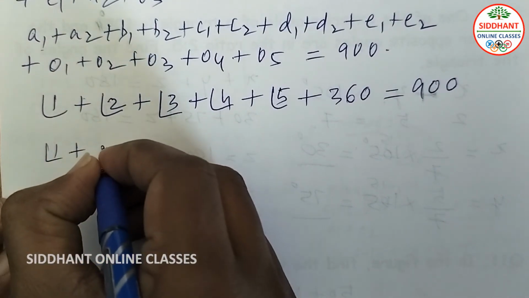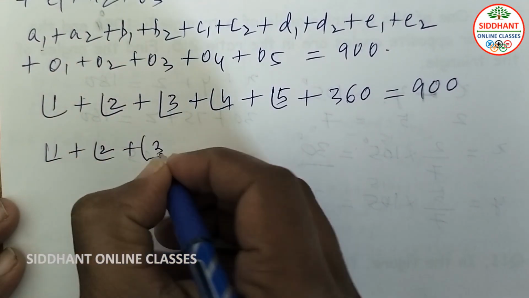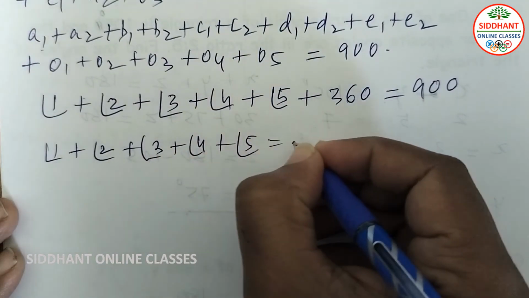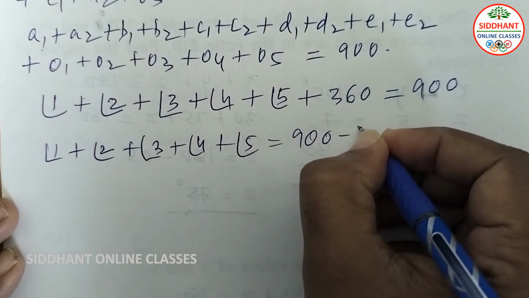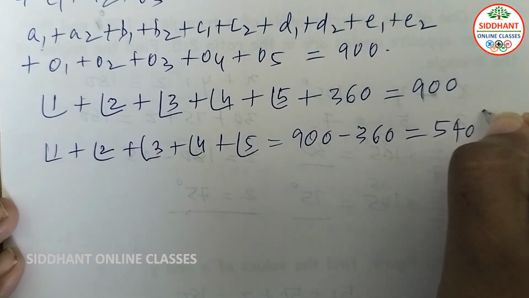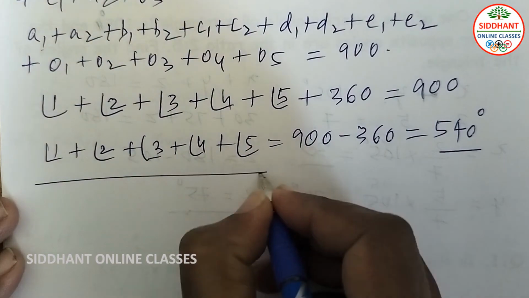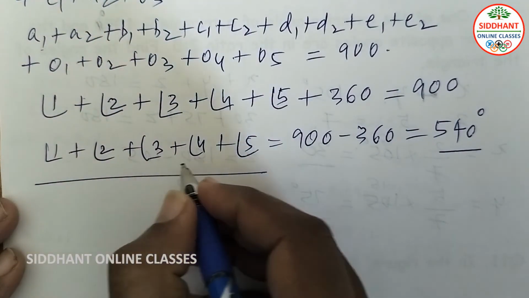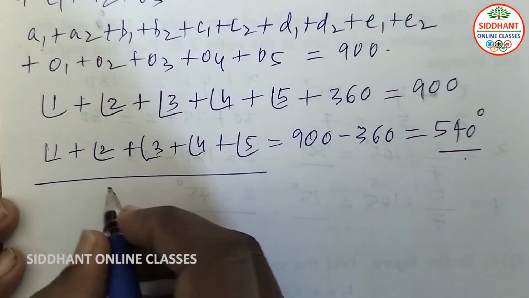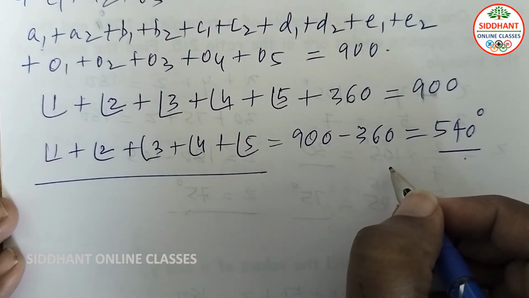So angle 1 plus angle 2 plus angle 3 plus angle 4 plus angle 5 will be equal to 900 minus 360, that is equal to 540 degrees here. So in this way also we can solve the question.